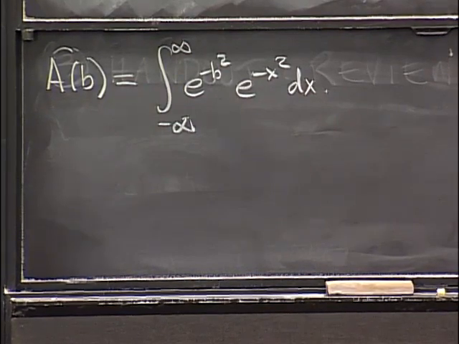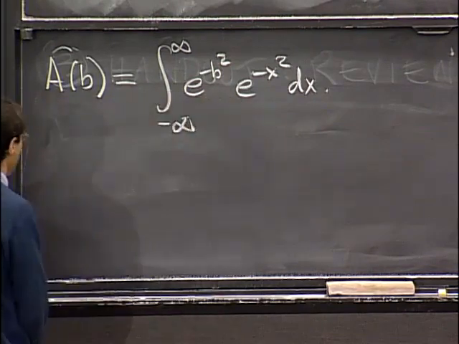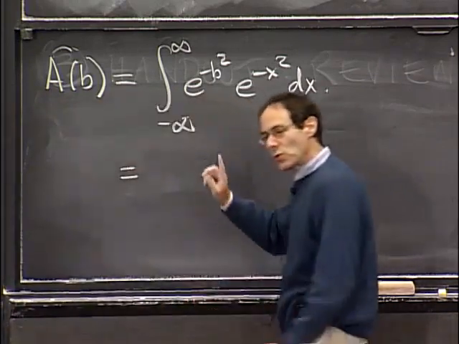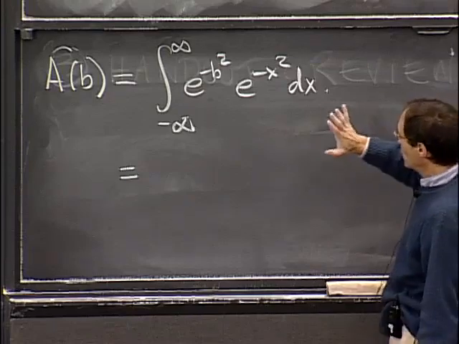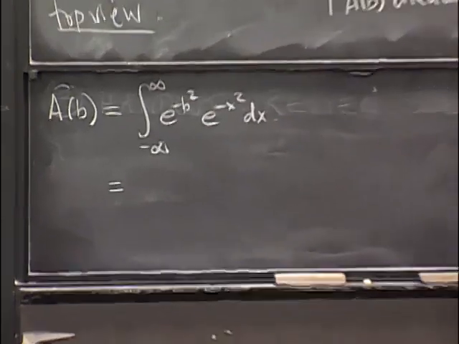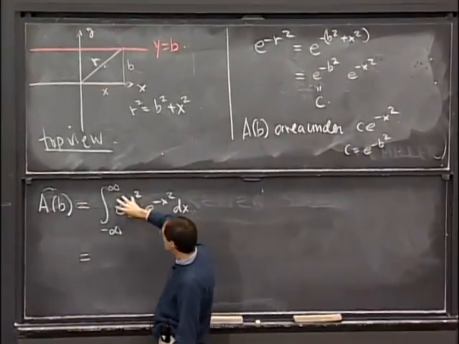I just recopied what I had up there. And this is the height at each value of x with b fixed. And now, we have a lot of steps here, but each of them is very elementary. The first one was just the law of exponents, that we could split the two into products. Now I'm going to make that splitting even further.